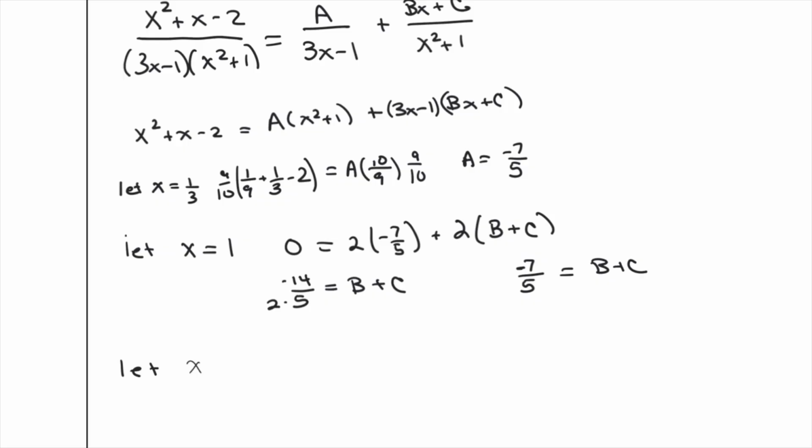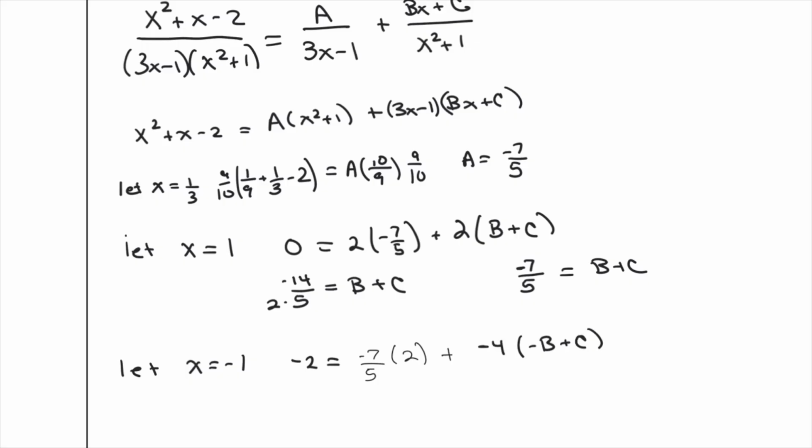This time I'm going to let x equal negative 1. Let's see what happens with that. We know that negative 2 is equal to your A value, which is negative 7/5, times 2 plus, we'll have negative 4, times our B, it's going to be negative B plus C. There we go. Clean this one up.